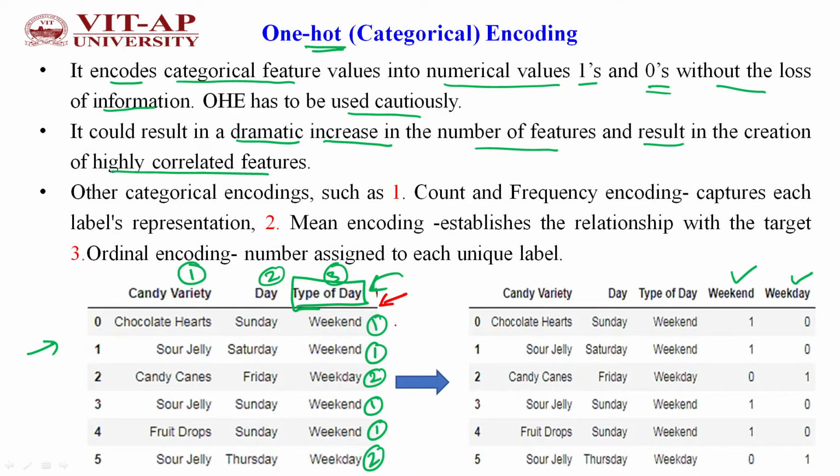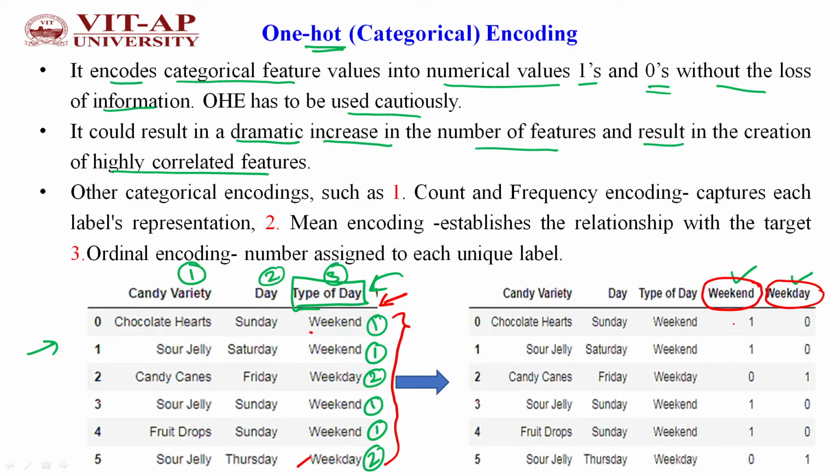One hot encoding will use the values of this feature as features. Here weekend is one value and weekday is another value. So weekend will be considered as one feature, weekday will be considered as another feature.